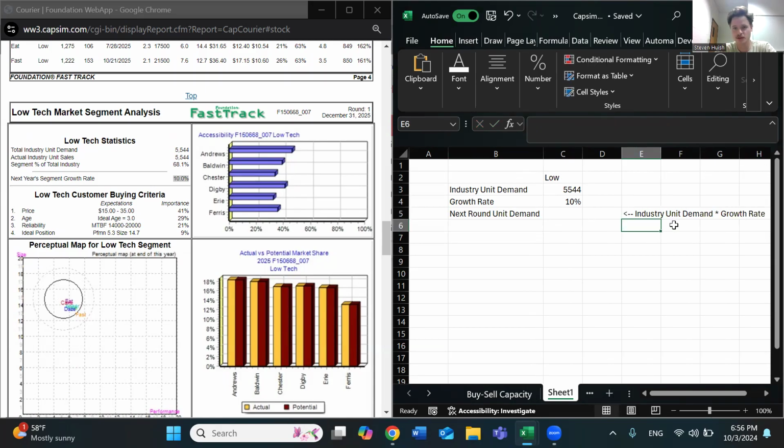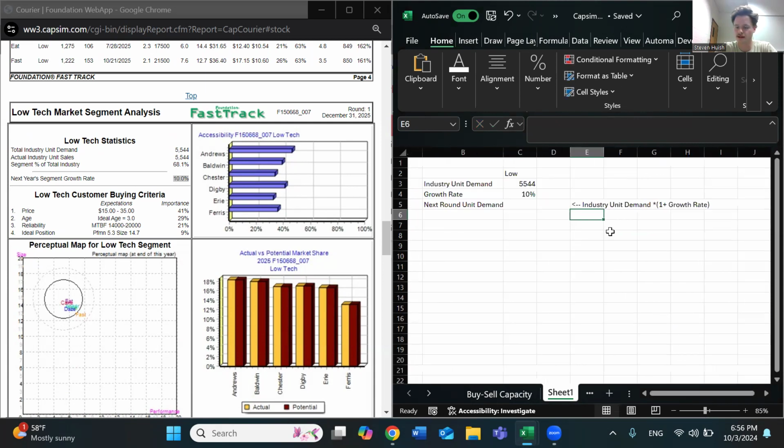But you have to take into account that if I just multiply 5,000 by 10%, I'm going to get something around 500. So I need to add back in the original number. And so this formula right here is actually going to be 1 plus the growth rate, shown right there. So I can do this in Excel pretty easily.